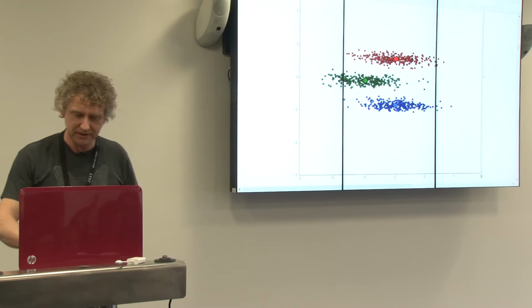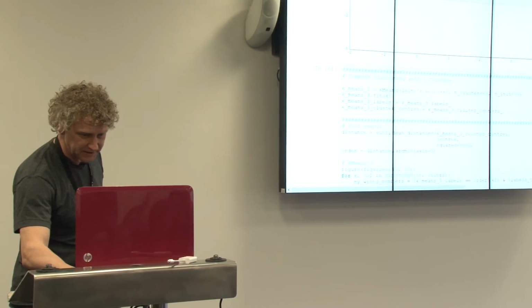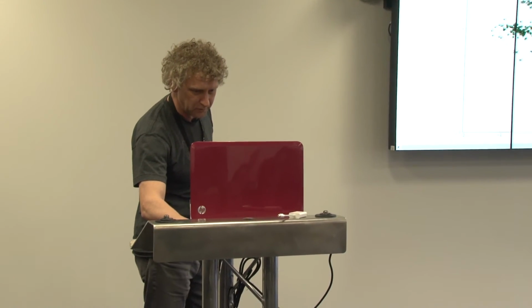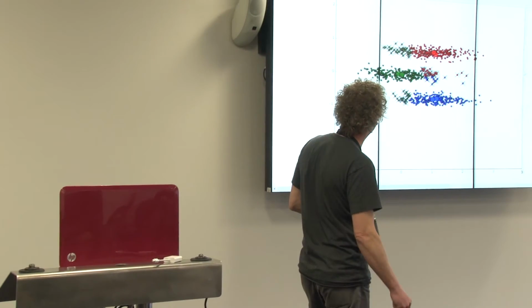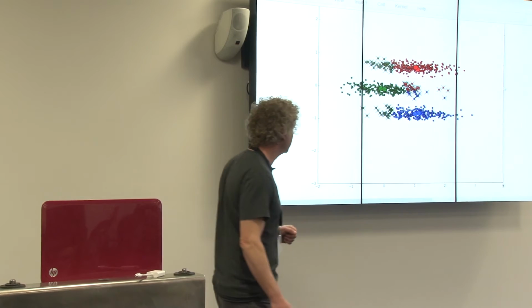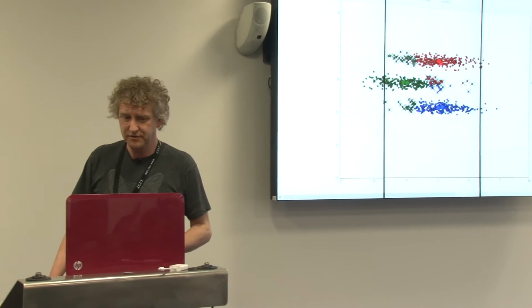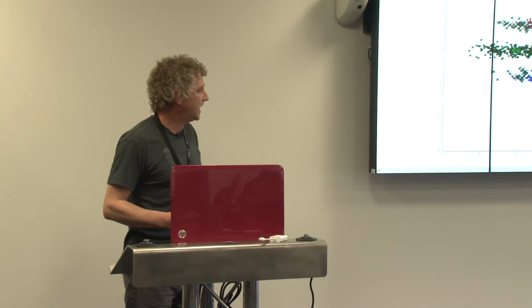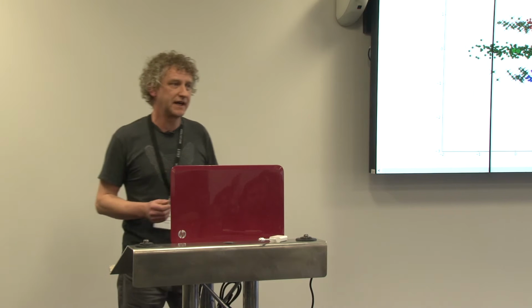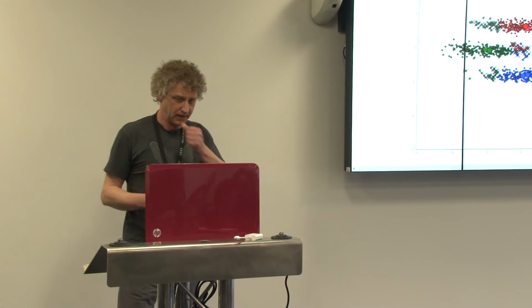However, if we run k-means clustering on this data set, we end up with this solution, which is clearly suboptimal. And that's because k-means clustering implicitly assumes that your data is well described by a centroid and is of the same scale in every dimension.